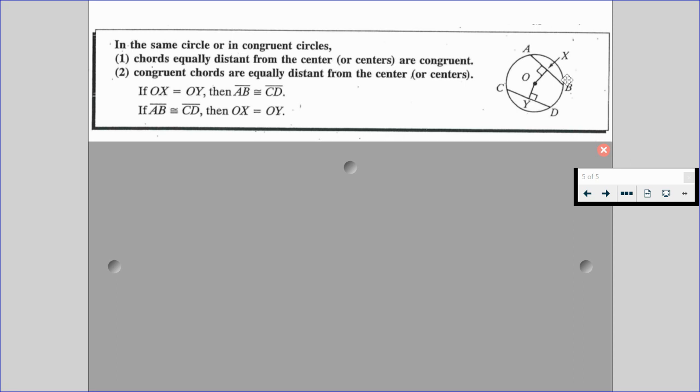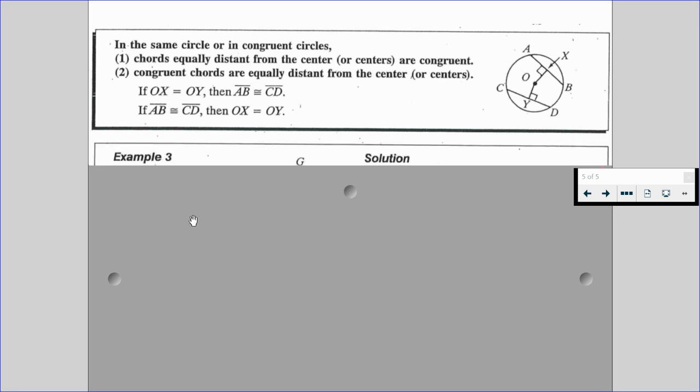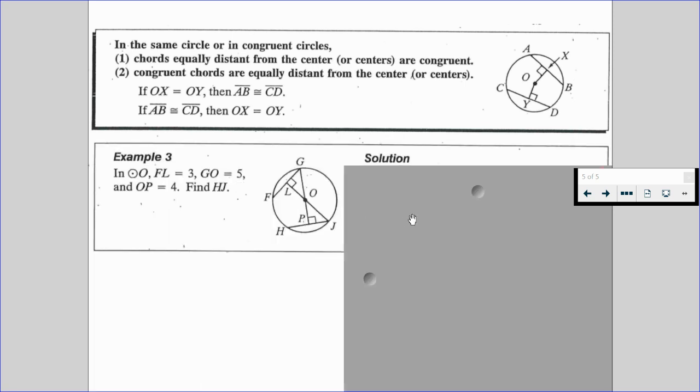So on our diagram on the right-hand side, if the length of OX is equal to the length of OY, then we're going to know that the segment AB is congruent to segment CD. Likewise, if we reverse that order, if segment AB is congruent to segment CD, then the length of OX is going to be equal to the length of OY, which leads us into our last example.